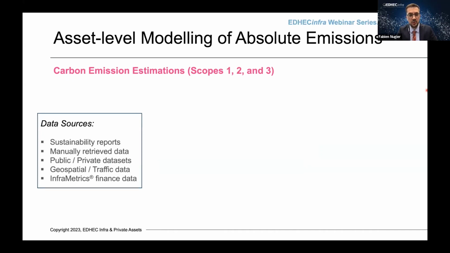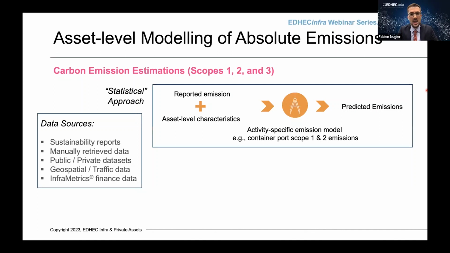We also use geospatial and traffic data. And finally, for the financial data, we use, for sure, Inframetrics. So we developed those models. I probably have to thank also Nishta Manosha, my colleague, for helping with all these data sets and the rest of people at EDIC Infra that help us on the data.